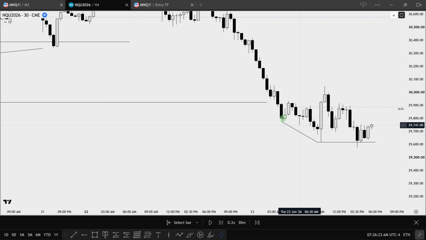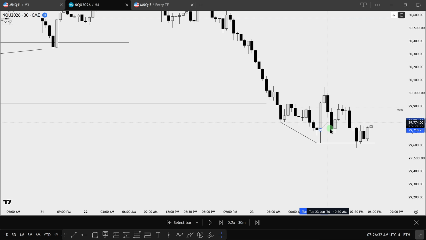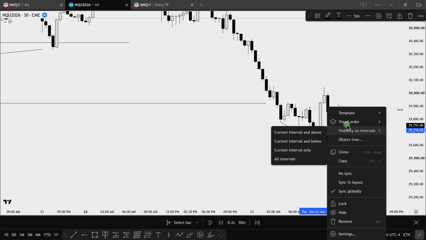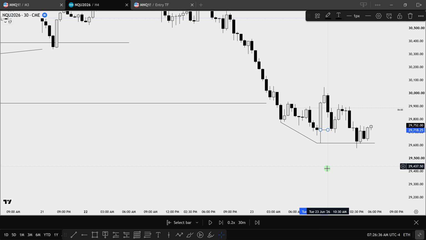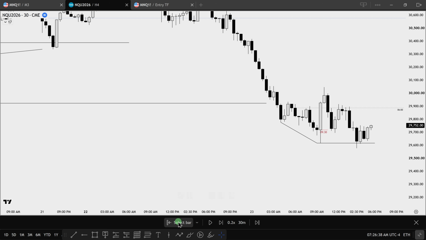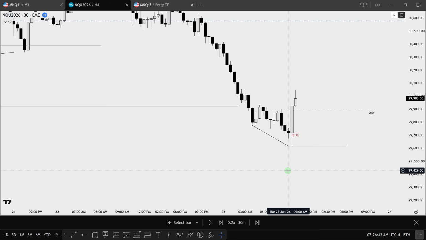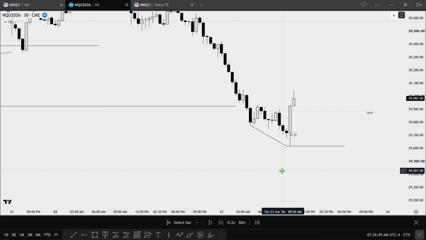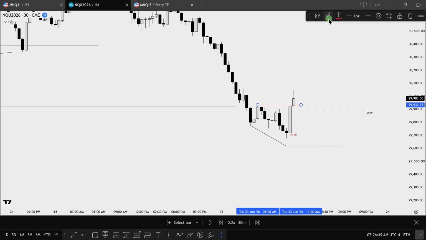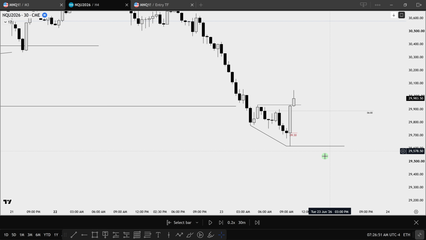So we have all this huge drop down, and then at 9:30, right at 9:30, we have this huge drop down. And also, let's see, we could have targeted this, right? Nice.